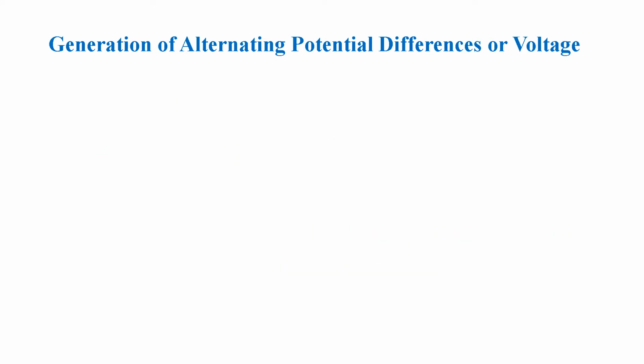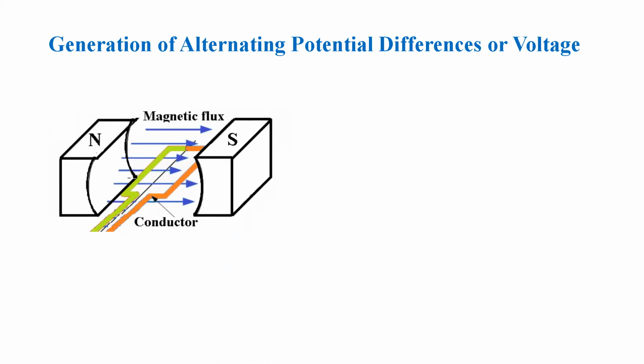Now, according to Faraday's first law of electromagnetic induction, the condition required for the generation of AC voltage is relative motion between the magnetic flux and the conductor or the coil. So this is the first option, where the magnet is stationary and the coil is rotating.